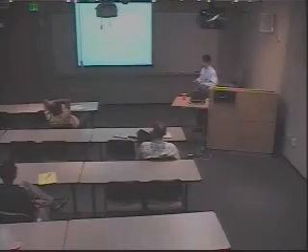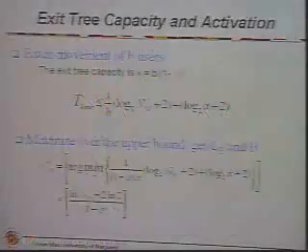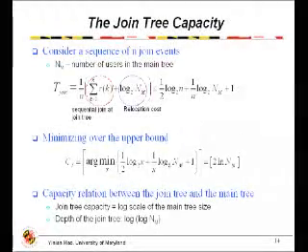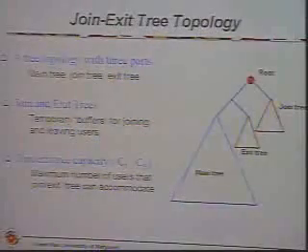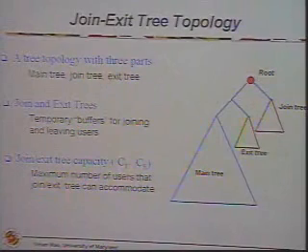Let me explain this a little bit, why. It seems this is much larger than the join tree activation condition. Okay, let me explain from here. Adding the join tree to the key tree, we call it structure overhead because we have one more layer, one more level here. Adding an exit tree, we add another layer.